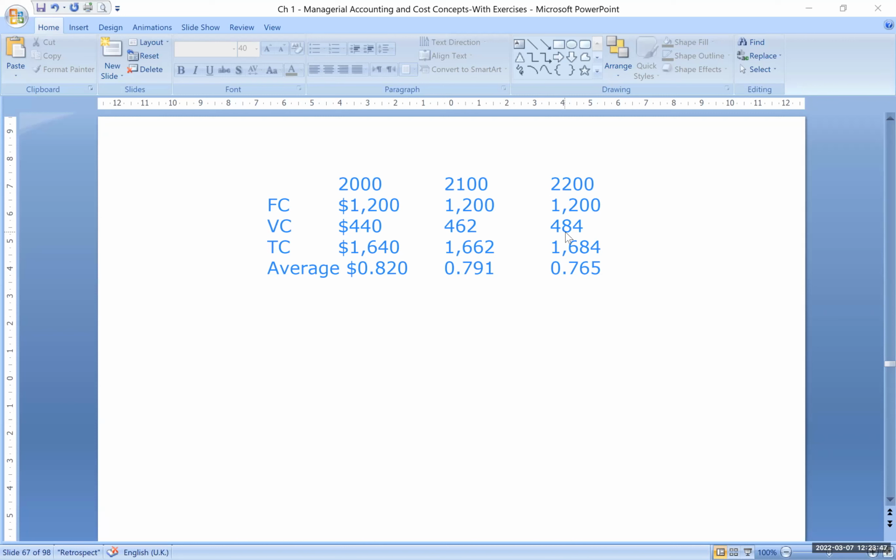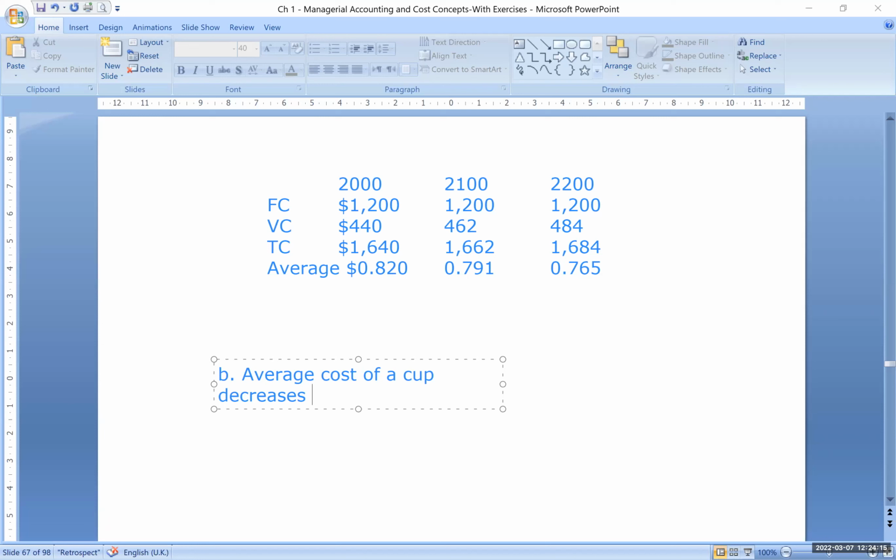So the average cost here, number B, the average cost of a cup decreases. Why? Because the number of cups increases.